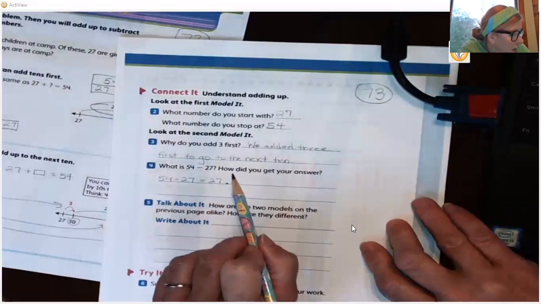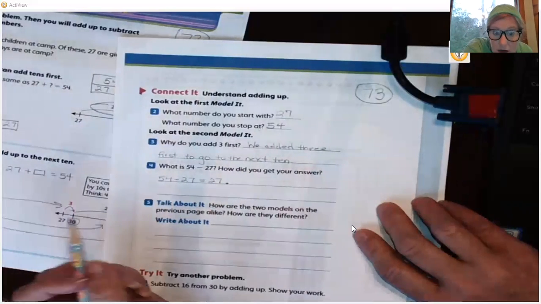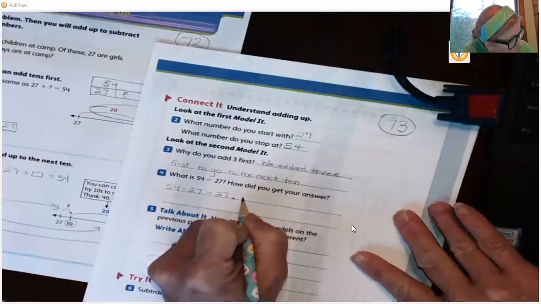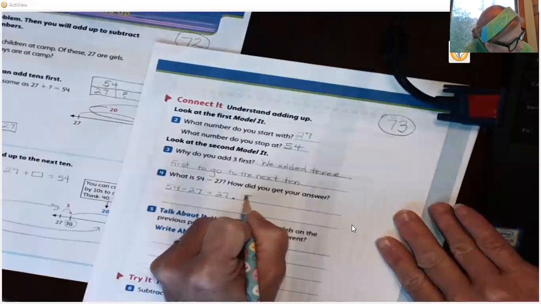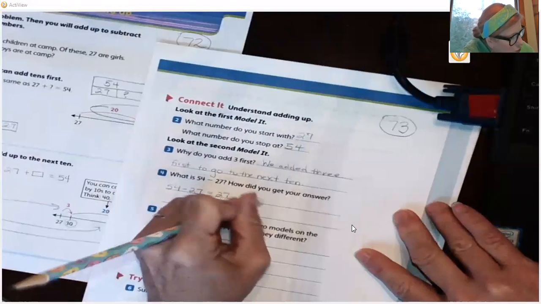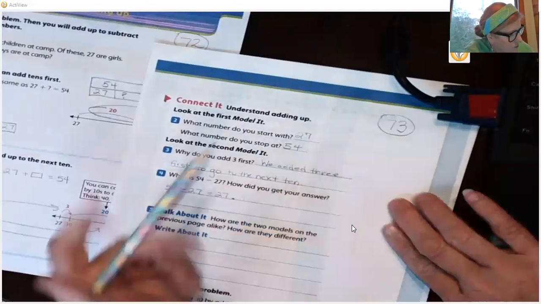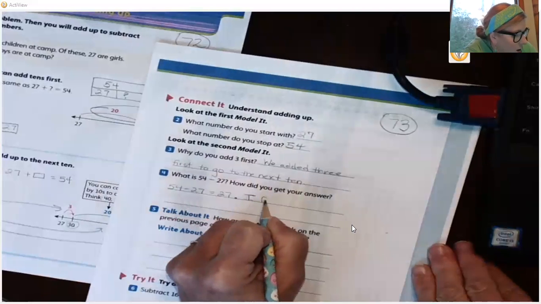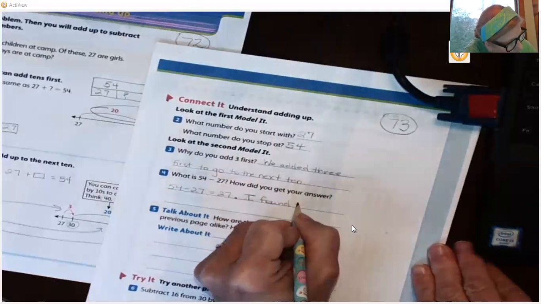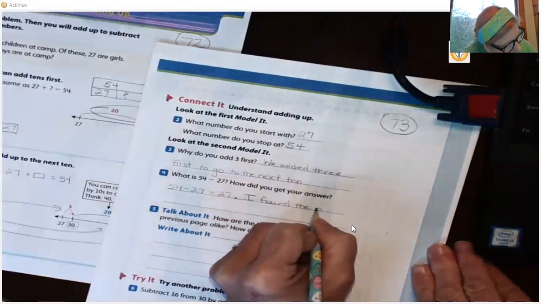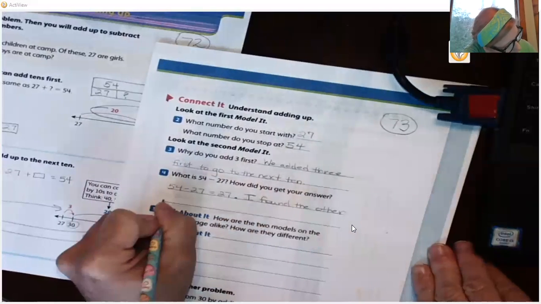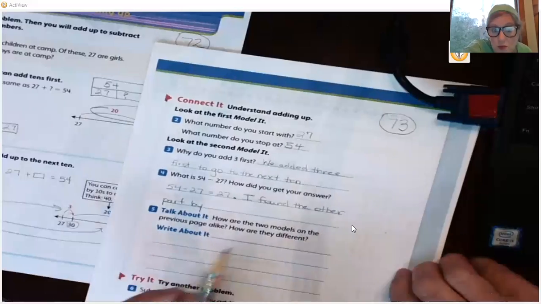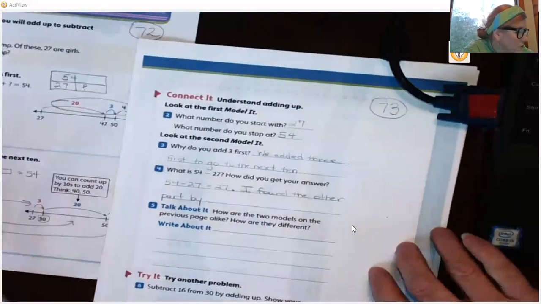How did you get your answer? Well, we've done it several ways, but basically I found the other part by, and one way you did it was by adding up right here.